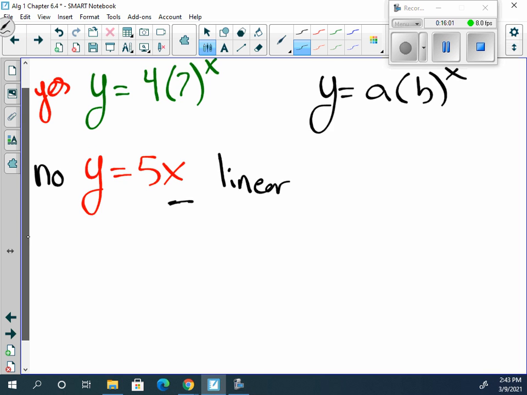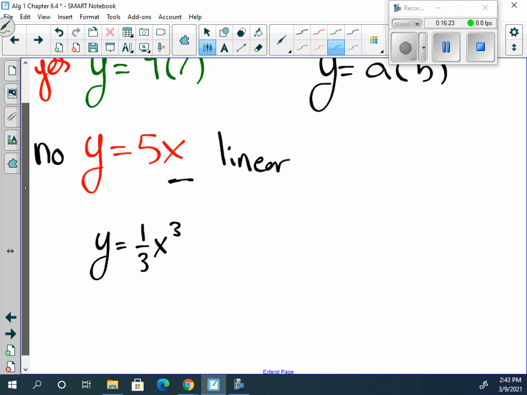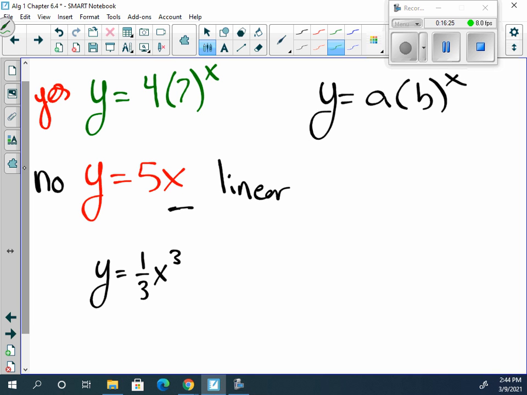Okay, let's look at another one. How about this one here? Is this an exponential function? What do we think? Yes or no? Does it come in the form a times b to the x?